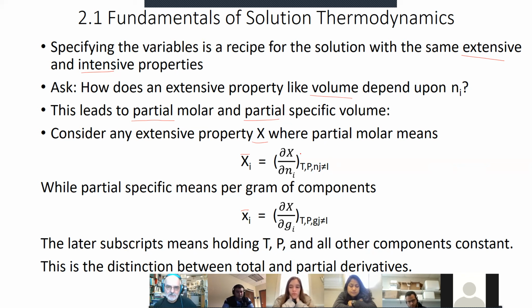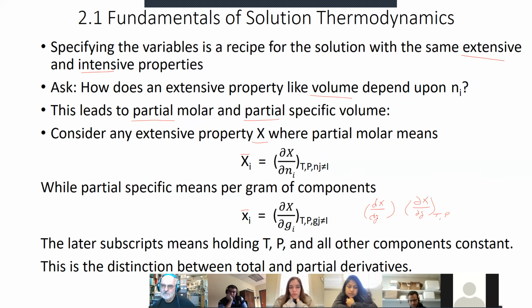Notice that the distinction here that we're making is what a total derivative is, dx dg, and a partial derivative. A partial derivative necessarily specifies some other stuff be held constant, okay?